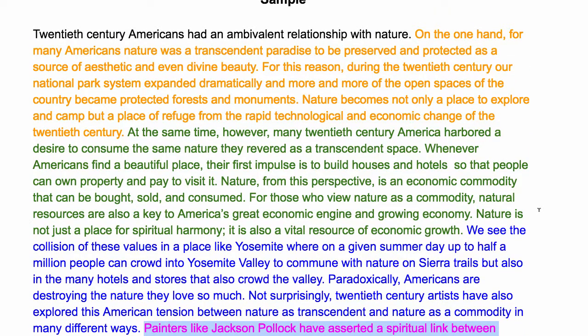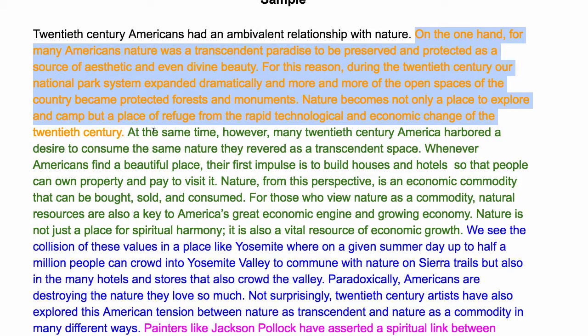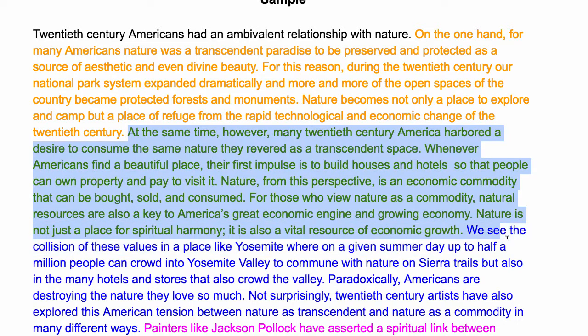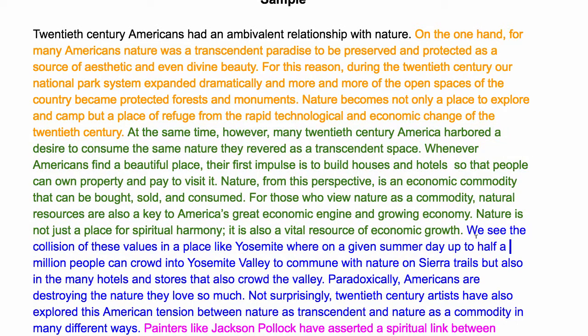I'm using them here to show you the different elements of an introduction so that you can clearly see how first we define one term, then we use several sentences to define another term, then we use sentences to talk about how they collide, and then we have a thesis. So these are all the pieces that you want to have in there.